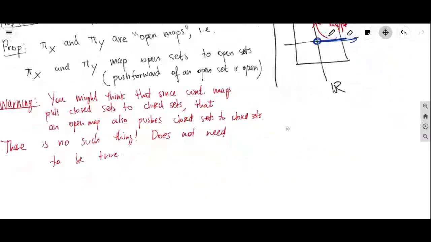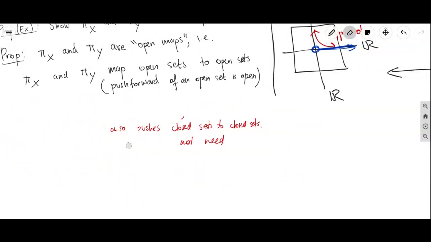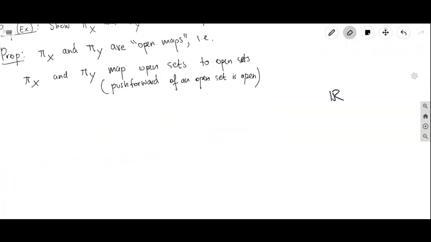So I think maybe we should prove that they are indeed open maps. Let's see how the proof goes. Let's take all of this away, it kind of gets in the way. Focus on the proof.